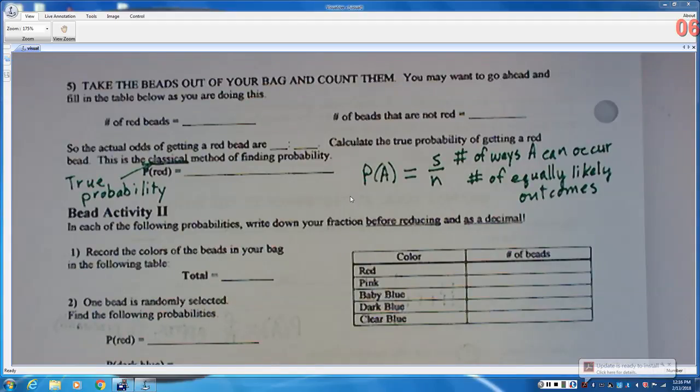One person from each group can come up and get a bag of beads, and we may run out of plates, I don't know. Everybody doesn't need a bag of beads. You can get one for every 2 people, or if you want to work by yourself, you could. Or if you want to work with 2 or 3.